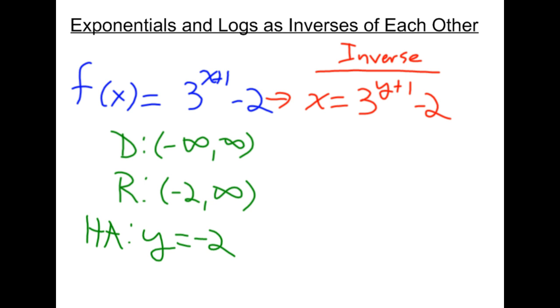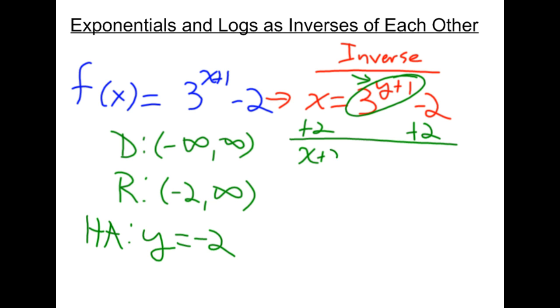After I switch x and y, don't I have to get the variable y alone? To get a variable out of the exponent, I need to change forms. Since I'm in exponential form, I need to change this to log form. But first I have to isolate this exponential expression, so I add 2 to both sides. I get x plus 2 equals 3 to the y plus 1 power.